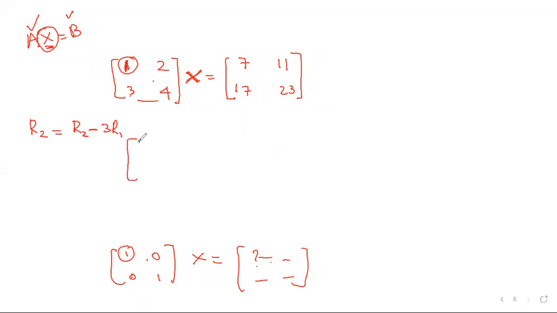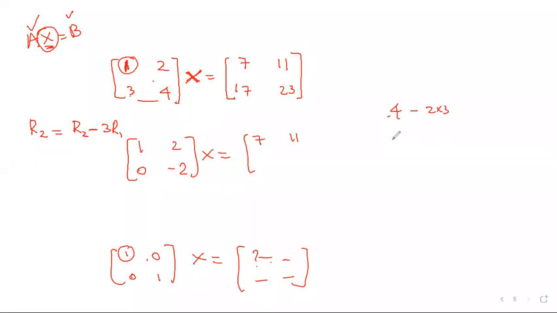Now my calculation: 1, 2, x. There's no change. 7, 11, no change. Multiply by 3 and subtract. 3, 4: multiply by 3 and subtract. 4 minus 6 is minus 2. Are you happy?